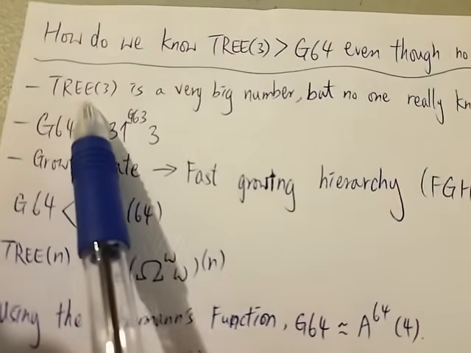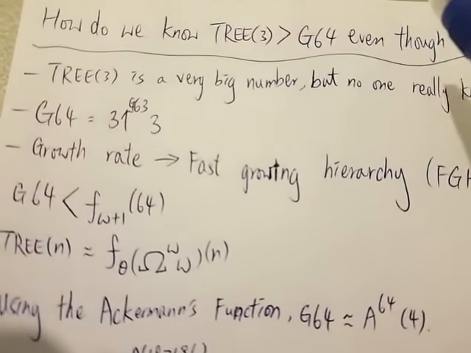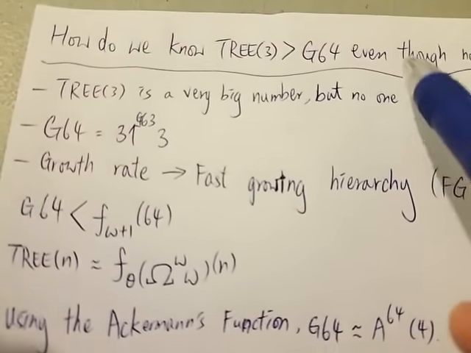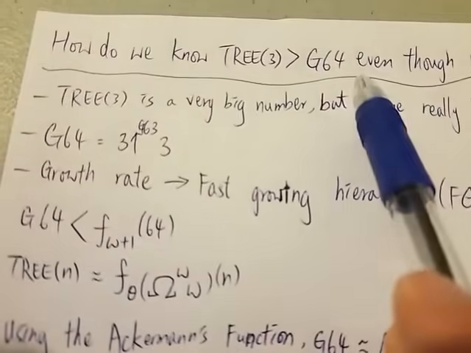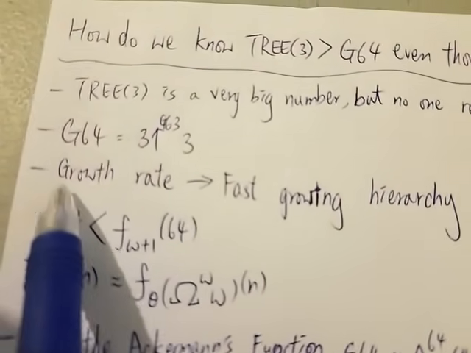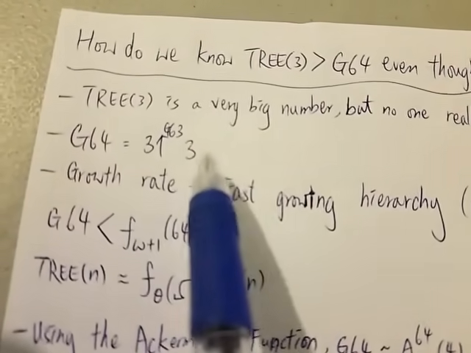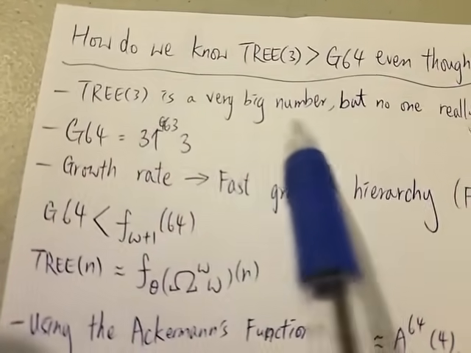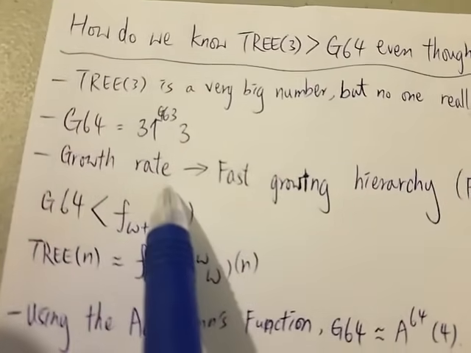Especially since we don't know TREE(3) in terms of up arrows. So in order to find out TREE(3) is much bigger than Graham's number, we look at something called the growth rate. One way to determine which number or sequence is bigger is to look at their growth rate.